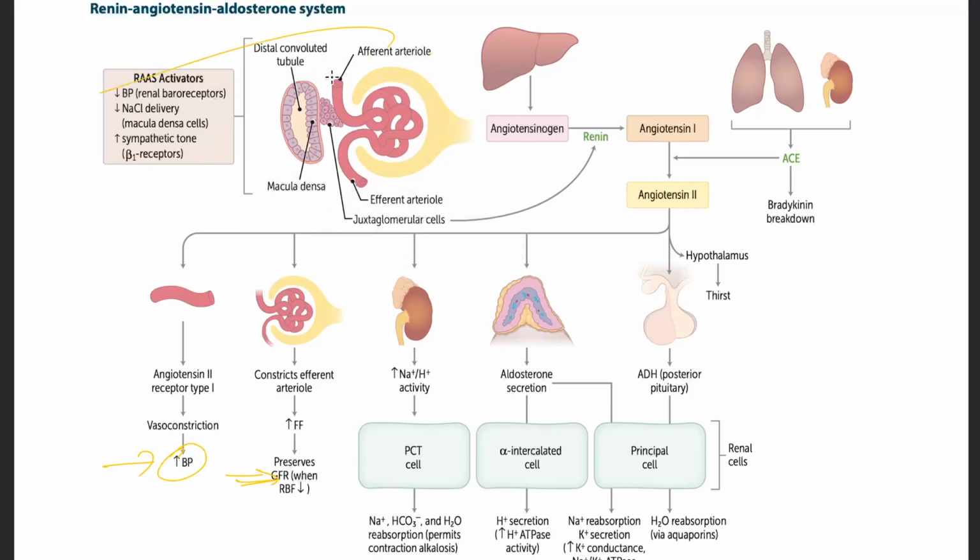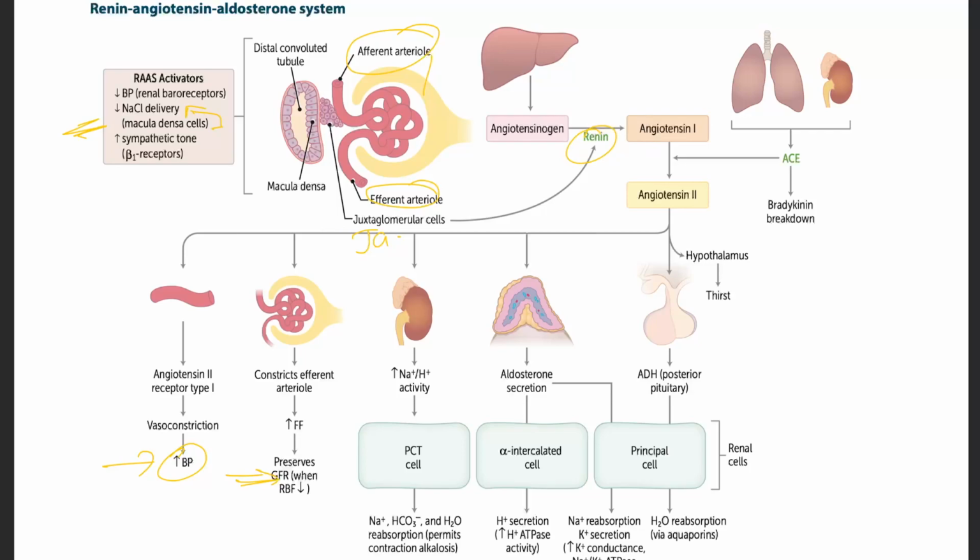Now let's read, what do we have? So we have the afferent arteriole, and that's the glomerulus, and we have the efferent arteriole, and we talked about the JG cells. Let's say this one right here, let's talk about this. Macula densa senses the sodium chloride delivery, and it says it's low. Let's activate the RAAS. JG cells secrete renin.